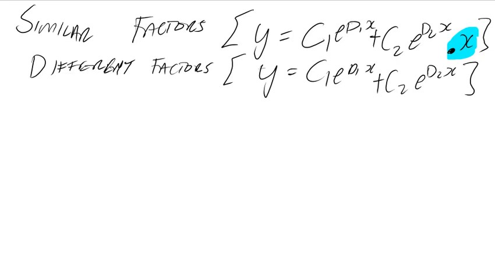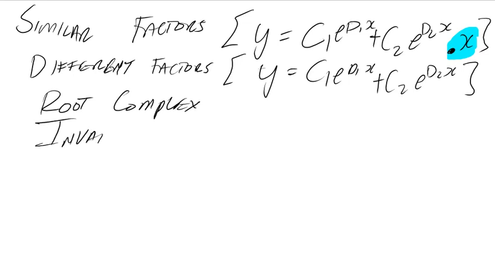And then root complex, so when you've got an error. This root complex, I normally use it when I can't find the factors. Invalid factors is a negative square root.